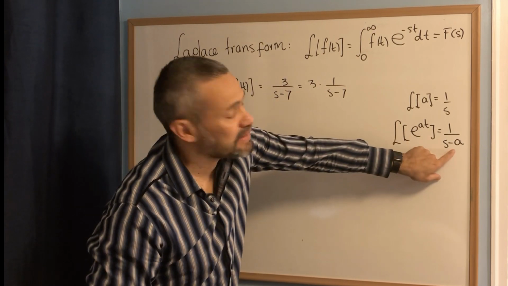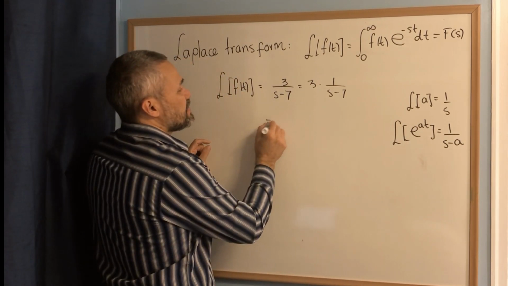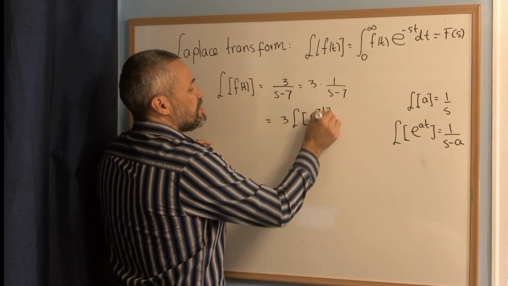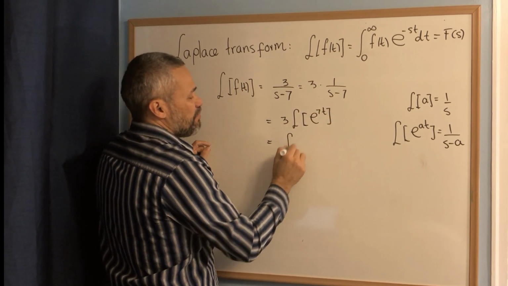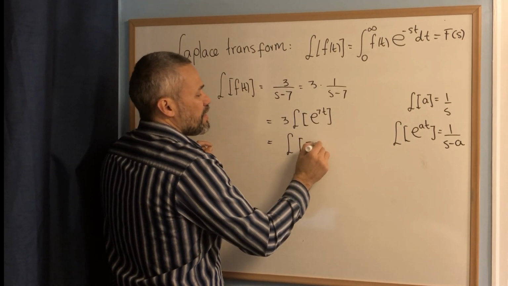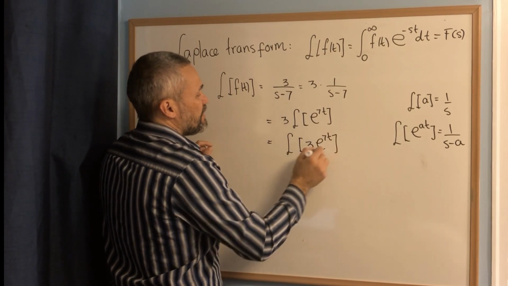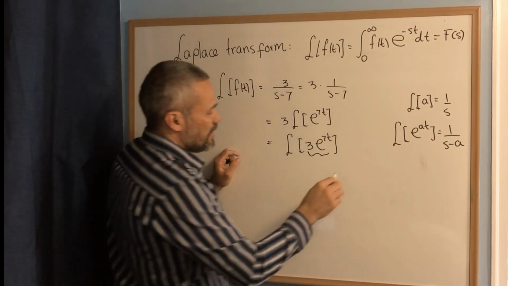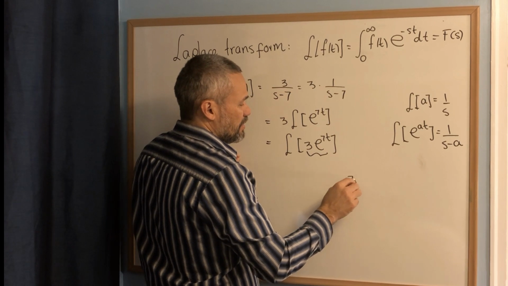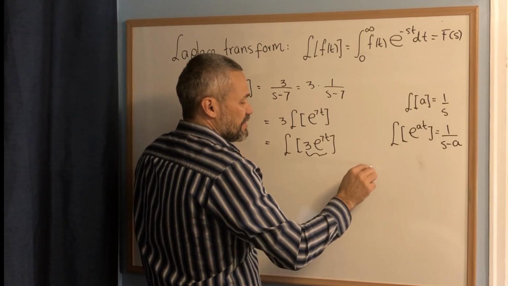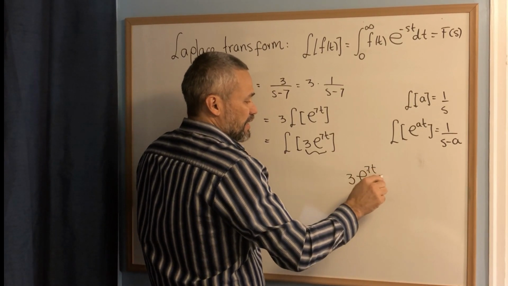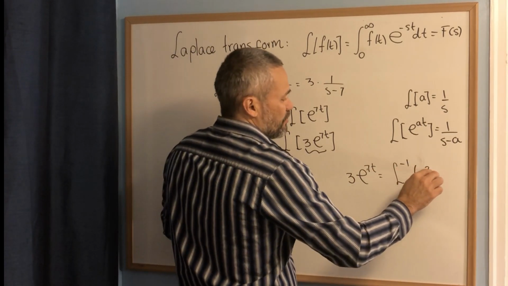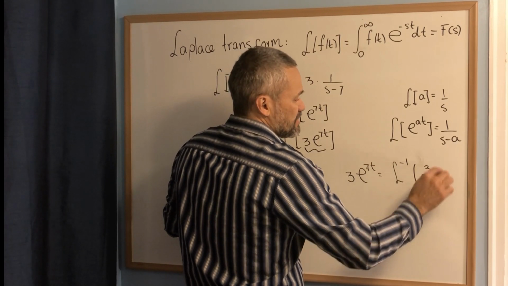But this part looks exactly like this. And that means that this is just 3 times the Laplace transform of e to the 7t. And this is just the Laplace transform of 3 e to the 7t. Then this is the function that we are looking for. Sometimes we write that 3 e to the 7t is the inverse Laplace transform of 3 over s minus 7.